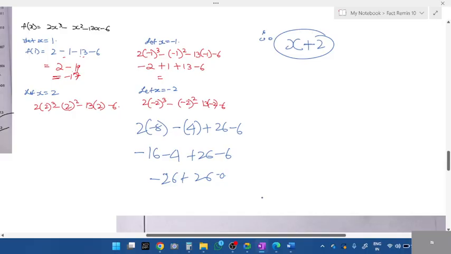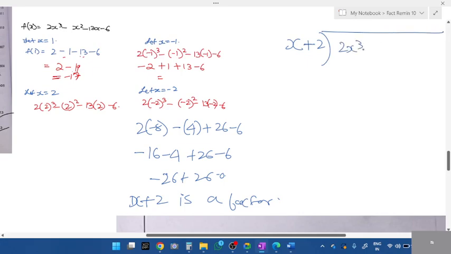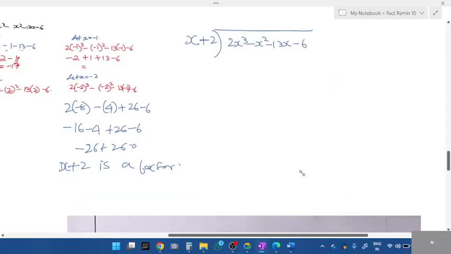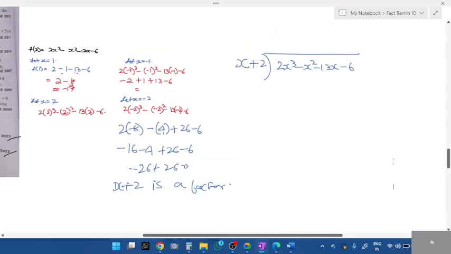Divide this by x plus 2. You have to speed up, students, not more than 5 minutes. It will take too long.